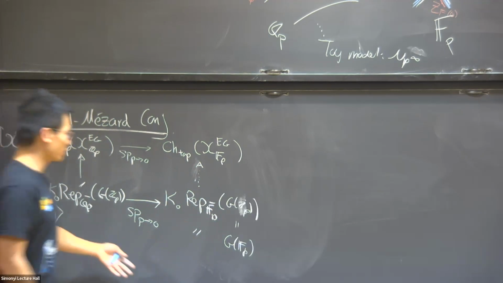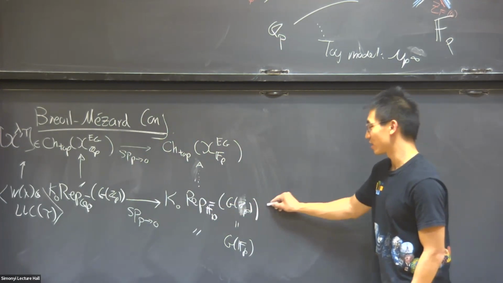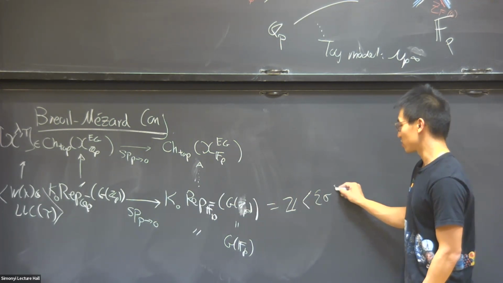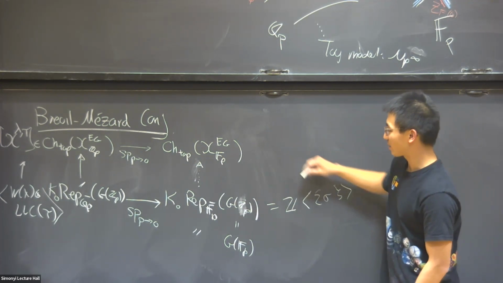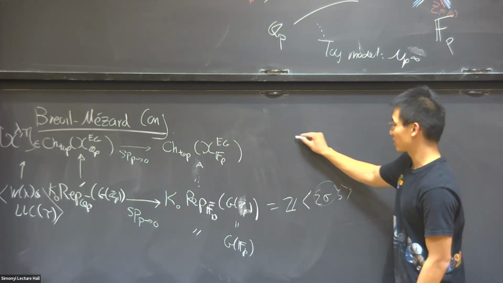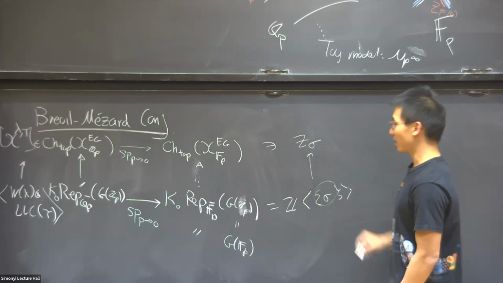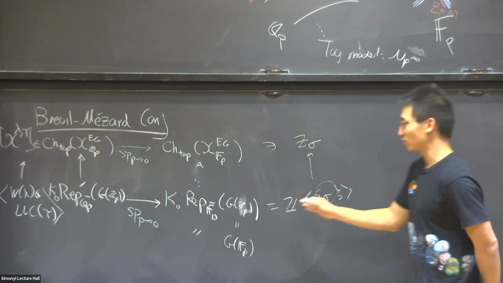Or more concretely, this is just a free abelian group on all possible irreducible representations sigma. And so giving this map is the same as picking for each one a particular cycle here, the Breuil-Mézard cycle. And what I'm asking here is for a certain equation to hold.